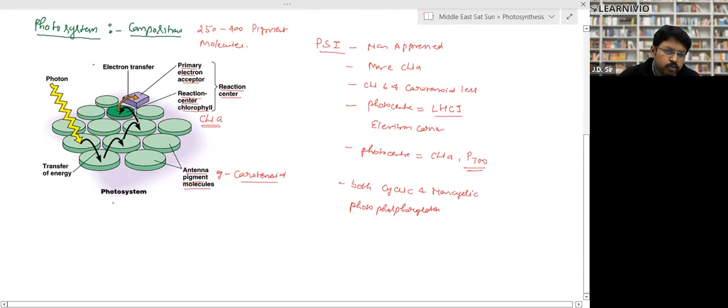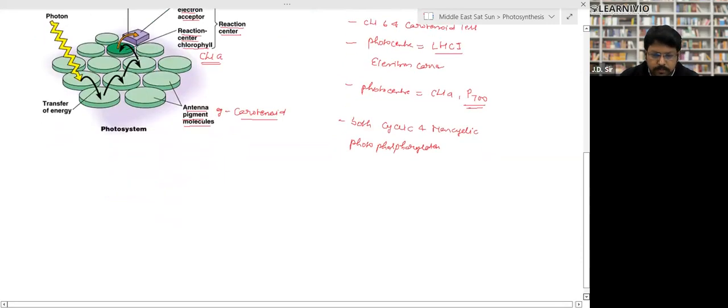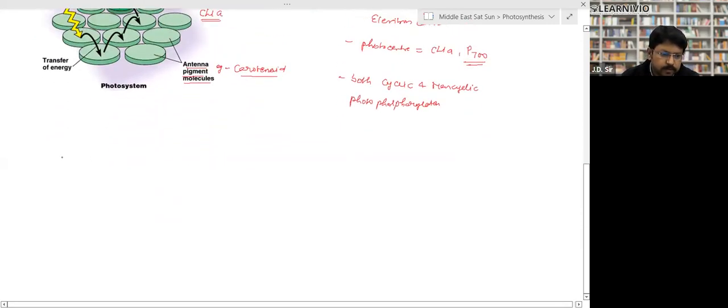Next, PS2, photosystem second. Please note it down. It is located on the appressed part of the grana thylakoid.